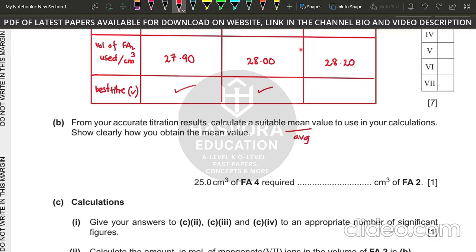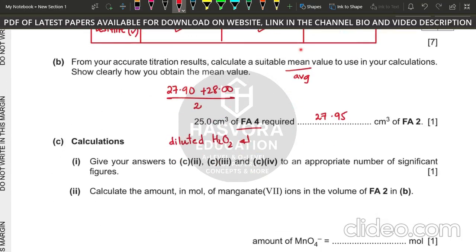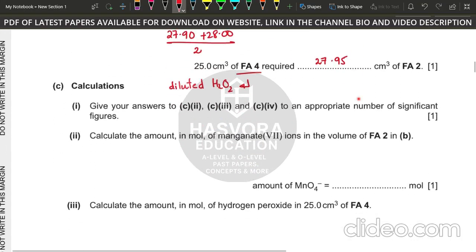Okay, so 25 centimeter cube of Fa4, this was your diluted hydrogen peroxide, required about the mean, so the mean will be 27.90 plus 28.00 divided by 2, so the mean will be 27.95 centimeter cube. Okay, and this is the mean value of the Fa2 that was required.